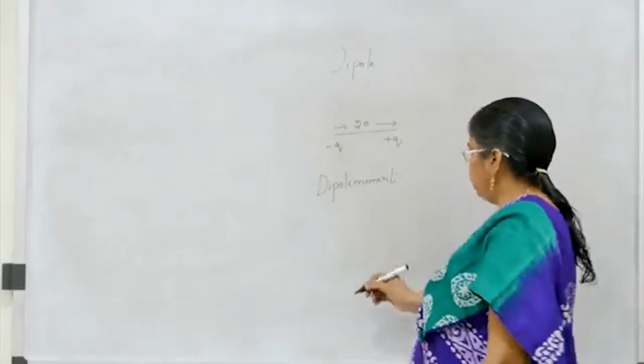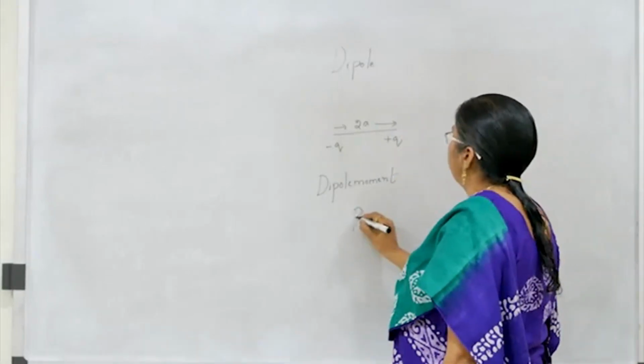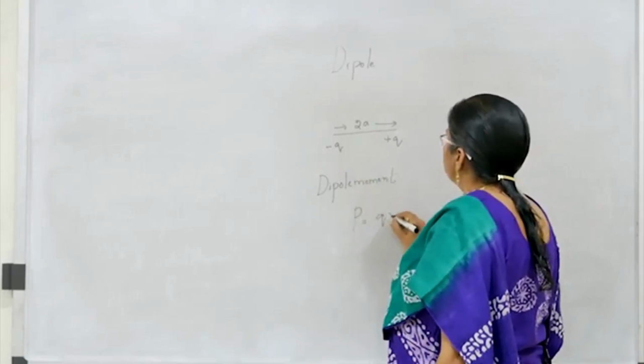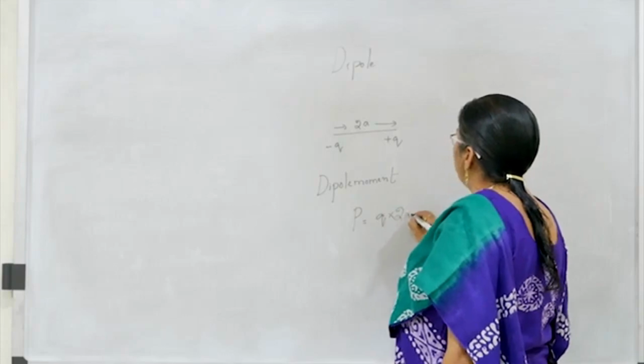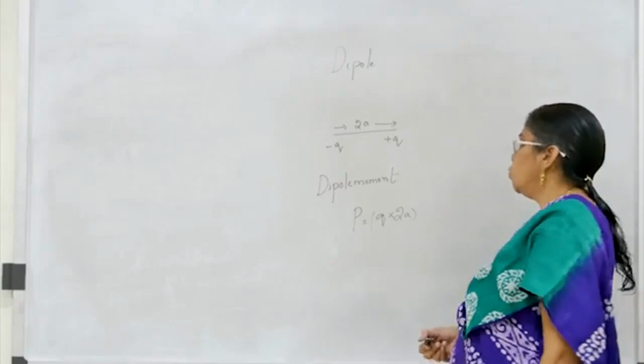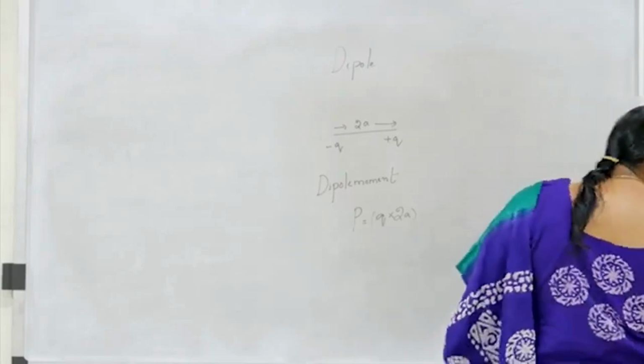Dipole moment is given by the letter P. It is given by one of the charges multiplied by the distance of separation between them. So this is known as dipole moment.